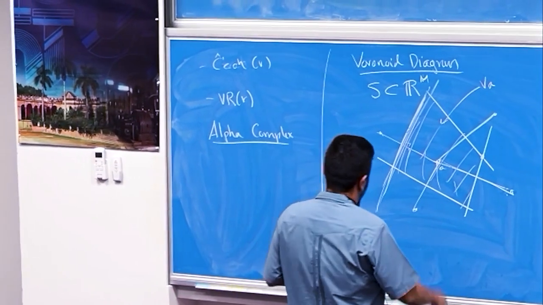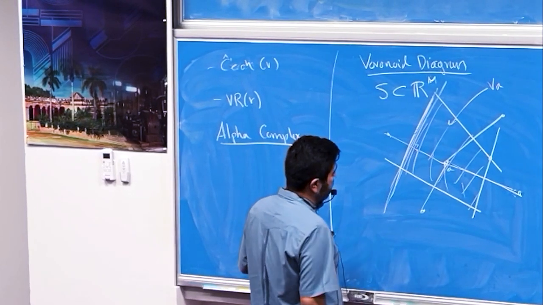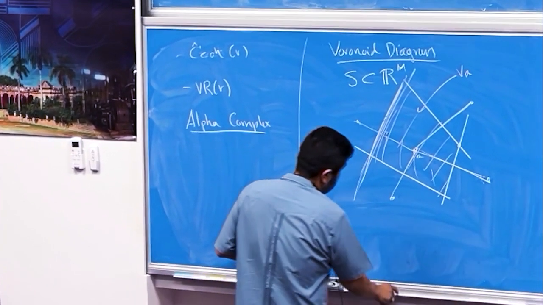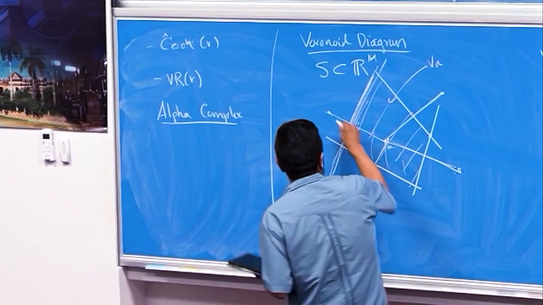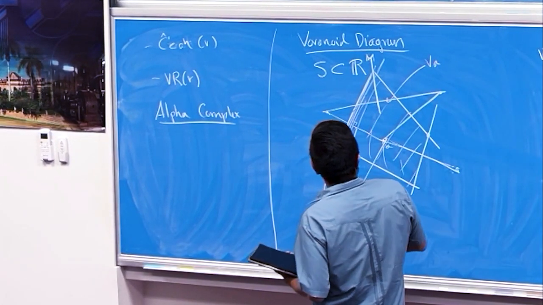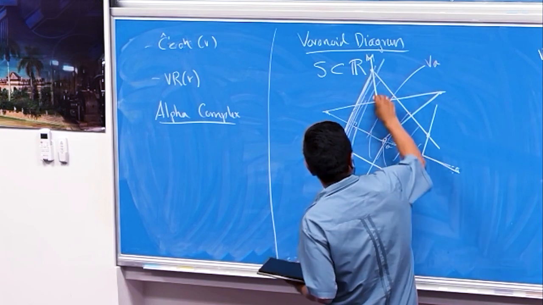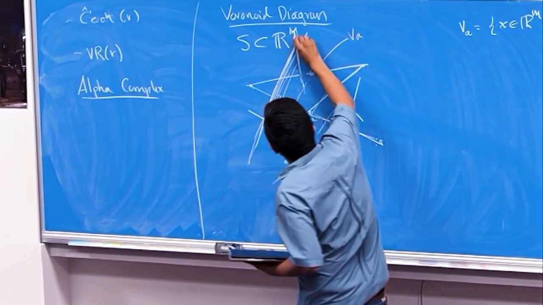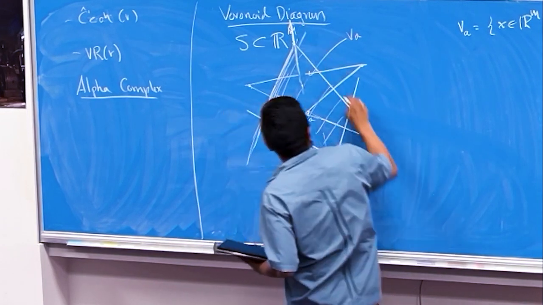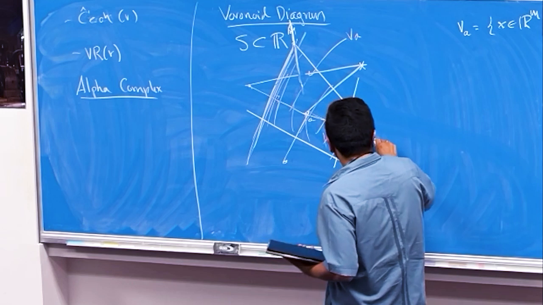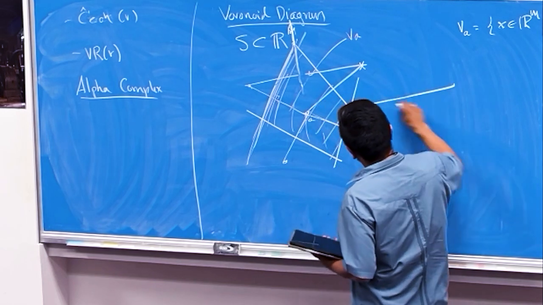And then you have that region, and you get all the regions, one for each of the points. We need the other perpendicular bisectors. For example, this one passes through this point, so you get this line that goes in that direction. If you take the perpendicular bisector between these 2 points, it's going to pass through here.